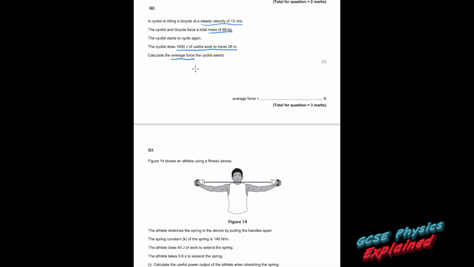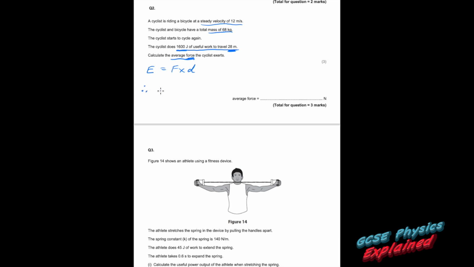This is why it's so important for you to know your equations. Energy transferred or work done equals force times distance. It's given us the distance and the amount of energy. We just need to rearrange that to find the force.